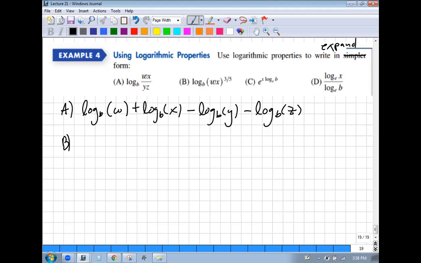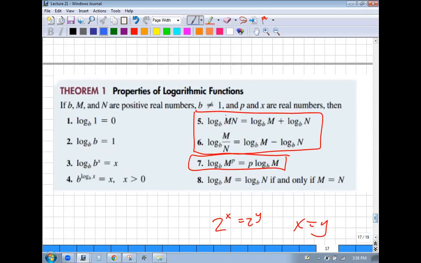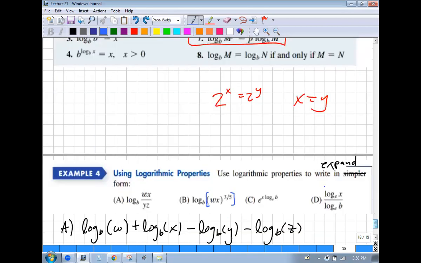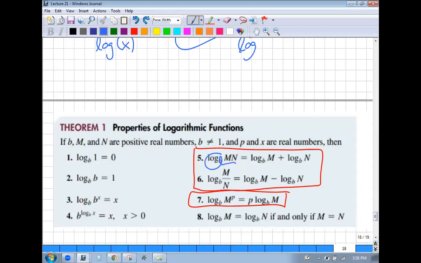This is terrible notation. Are they raising this to the 3/5? Is the 3/5 inside of there, or is it out here? I don't know. Those are two totally different things. Okay. I think what they mean is this, because they don't put their parentheses, and that's not okay. This is not log base b times m times n.